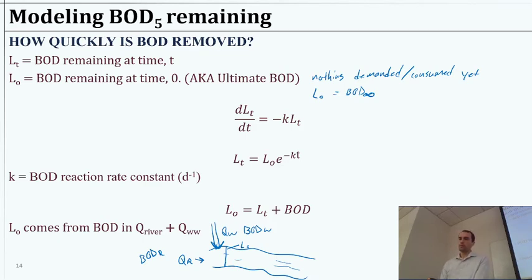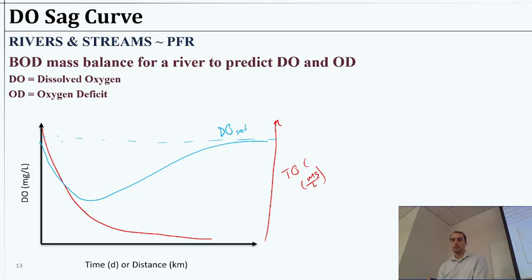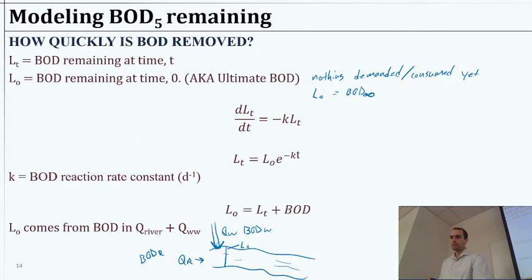If that's our starting point, then we can model how much is remaining later, because the amount of BOD remaining, which is kind of analogous here to this total organic carbon line, is going to drive the oxygen demand from the system, which was causing the dissolved oxygen to sag down to some minimum. Okay, is that making sense?